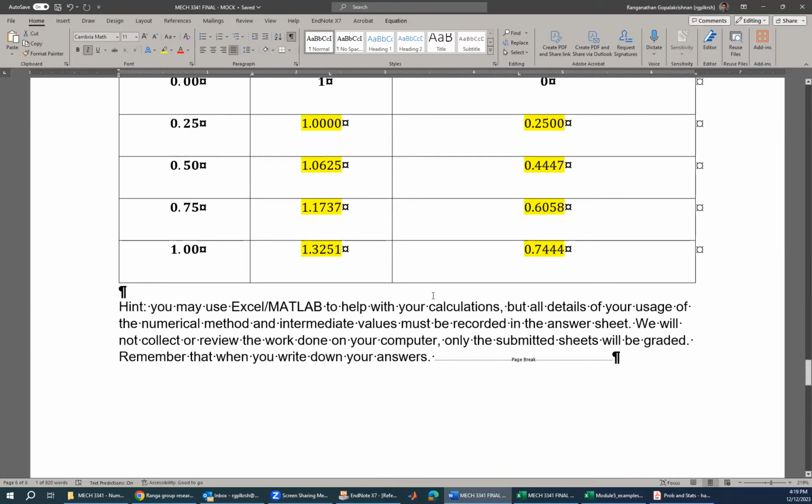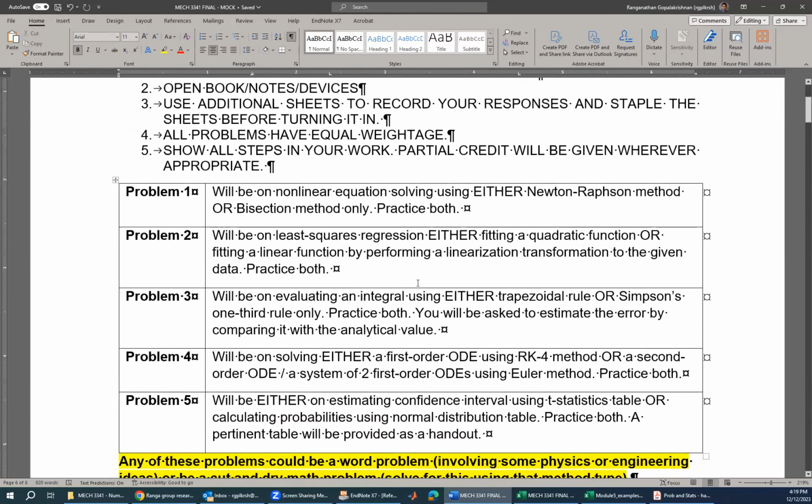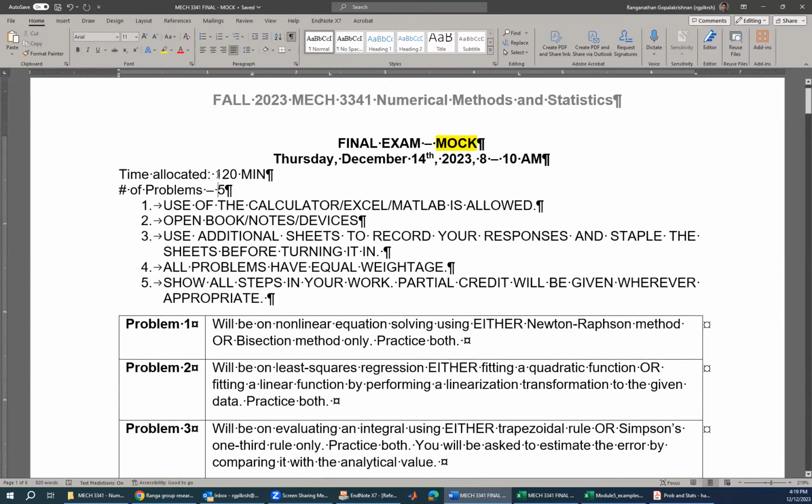All right, so let me go up here and go over this table like I did yesterday. These 5 problems are what you can expect to do in 2 hours. You are allowed to bring any notes, devices, or pre-prepared Excel sheets, anything that you think will help you.